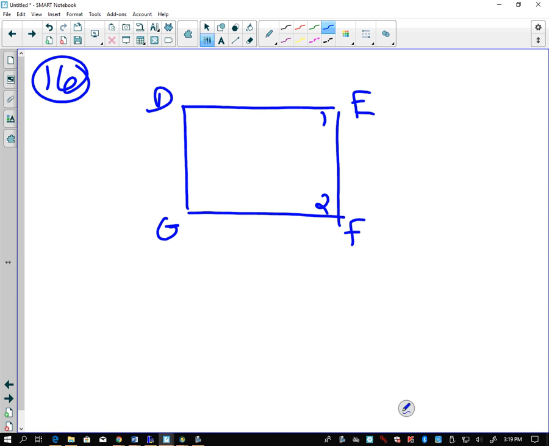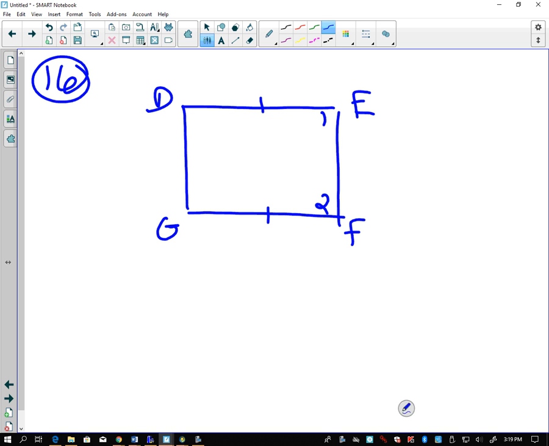It's going to tell you that, in our case, DE is congruent to FG. So I could draw this here and here. It'll state that as a given. And then it's going to say that angle 1 is congruent to angle 2. What we want to prove is that angle 1 and angle 2 are right angles.